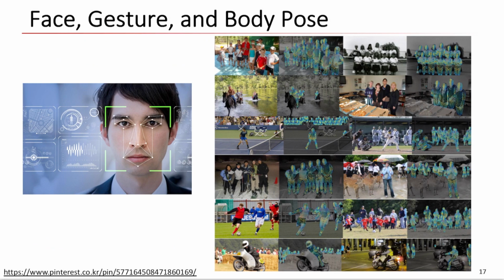And what else? Another thing is human understanding or human modeling. By using computer vision techniques or deep learning techniques, we want to analyze the human face, the gesture, or the body pose. Then by using those kinds of information, we can understand the human's behavior, right?